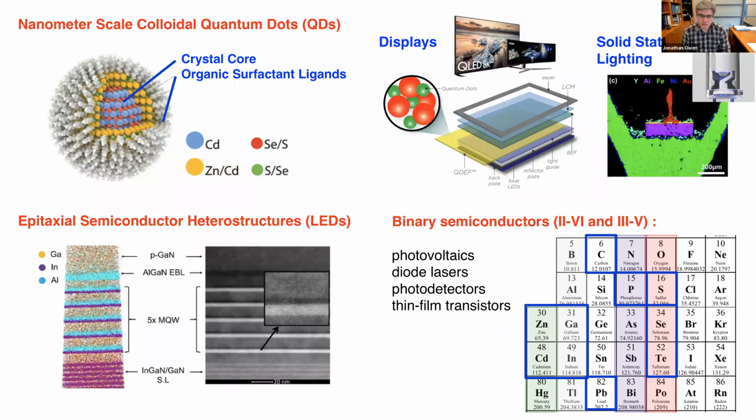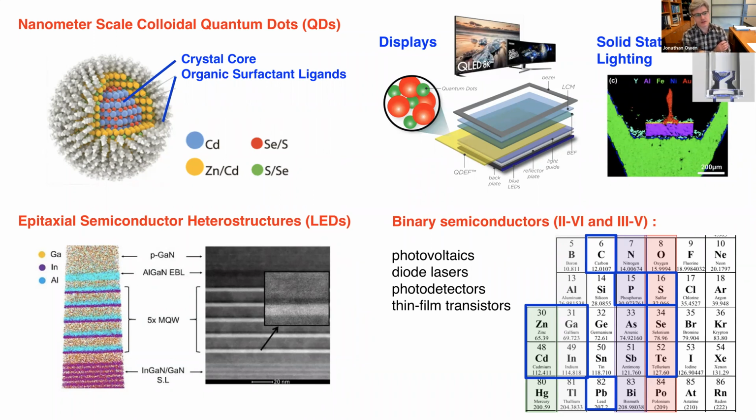All right. So quite a bit of the materials that we're going to discuss relate to these sort of semiconductor heterostructures. So in the upper left, I've shown an example of a colloidal quantum dot. The quantum dot is one of these quantum confined structures.